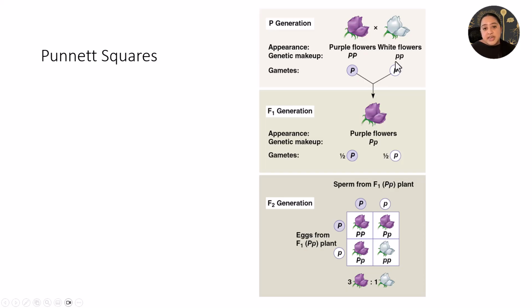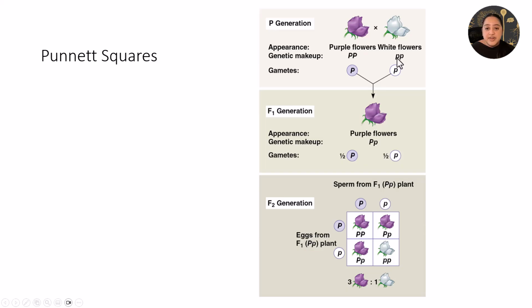And so if we were thinking about meiosis and what possible gametes these could make, imagine this is a chromosome, and this other one is another chromosome. If you divided up the gametes, there would technically be 2 big P's and then 2 little p's.